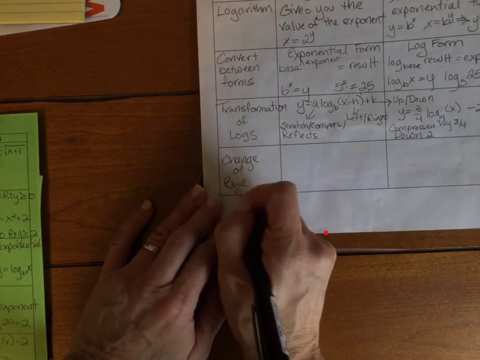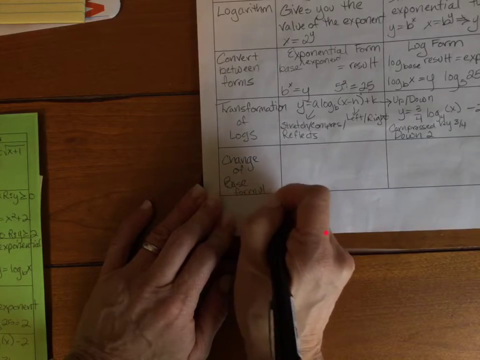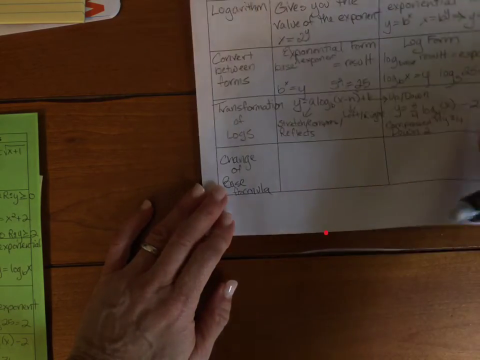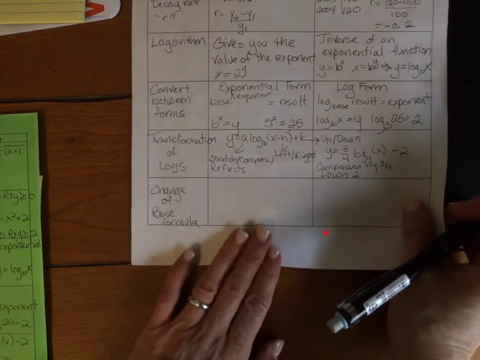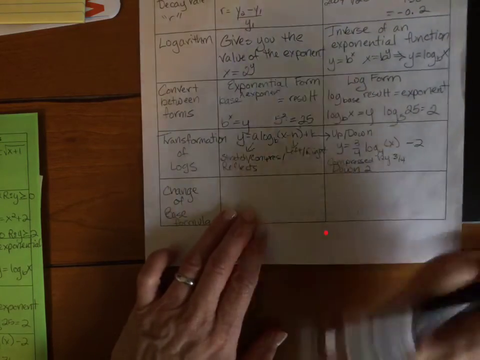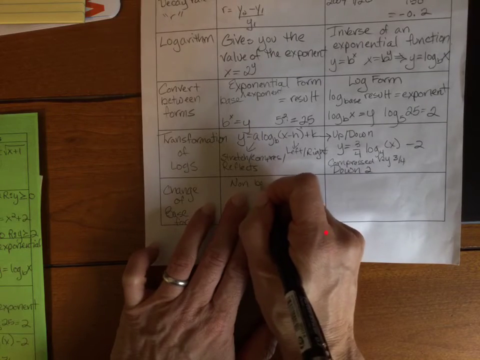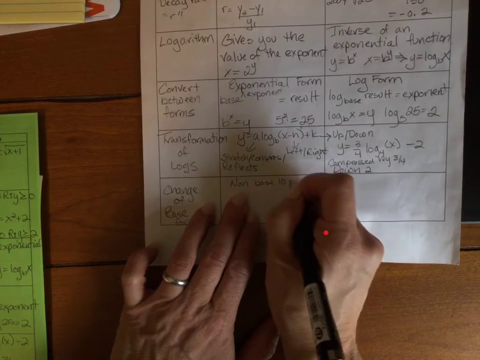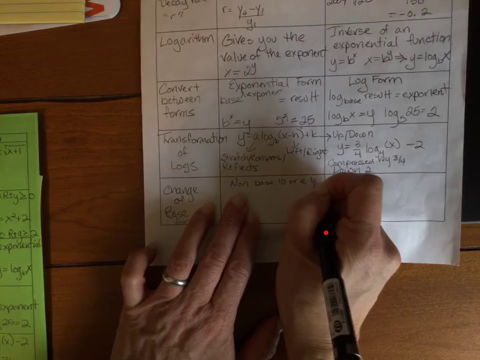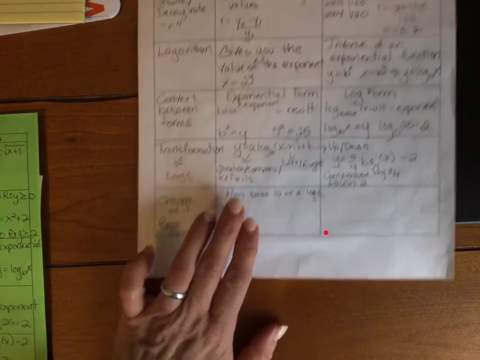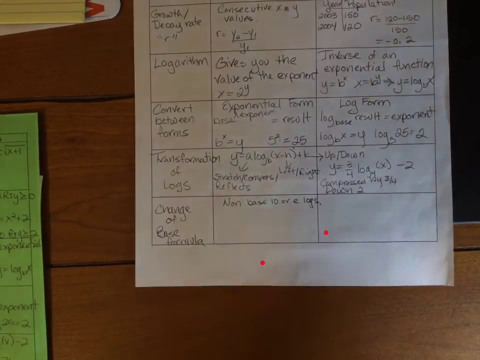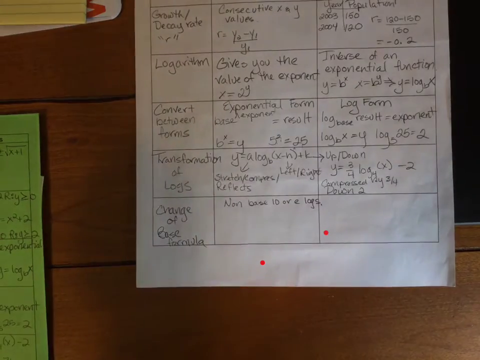And let's add formula, because it is kind of a formula. And this is for non-base 10 or E logs. So let me zoom in a little bit, maybe that helps you see it.